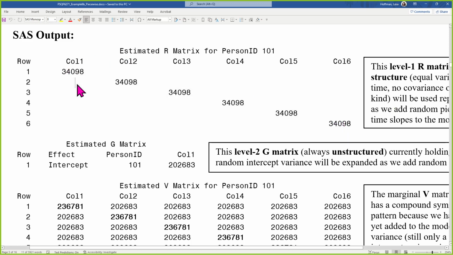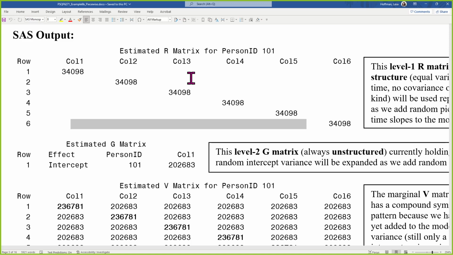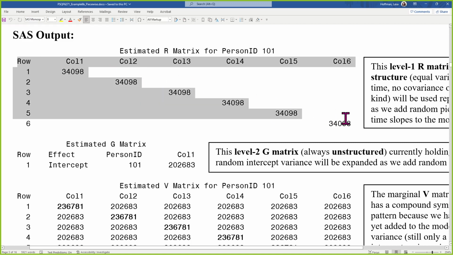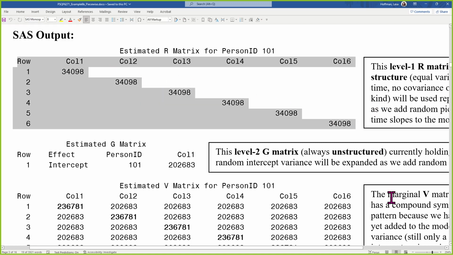Our model predicts what with respect to the E relationships? What do the blank spaces in here mean? Nothing. So what's in the model with respect to residual covariance? Nothing. So this is the only type of R matrix you can have in lmer. That's what I was trying to say earlier, badly, but maybe this is easier just to point. So I call this diagonal. It's called variance components in SAS.